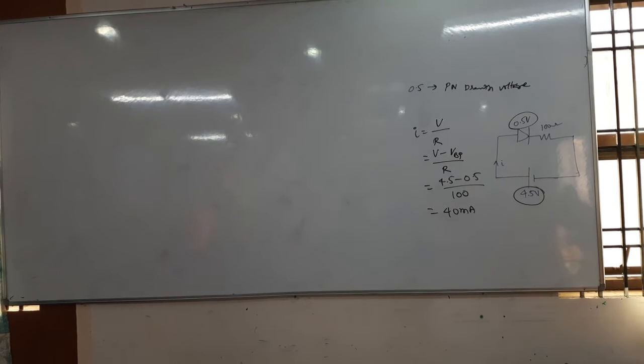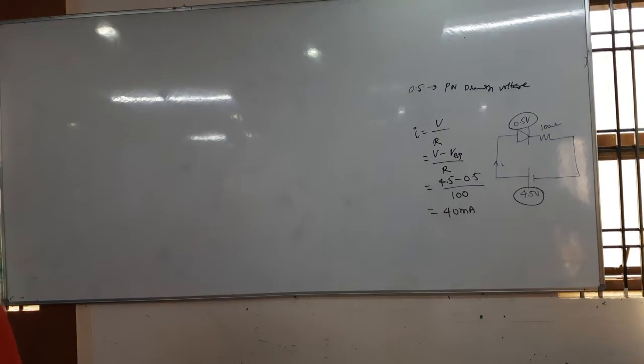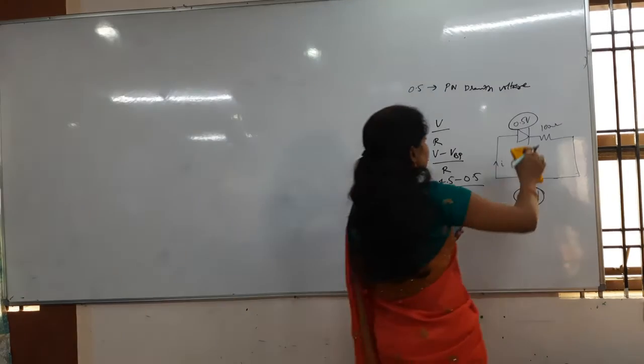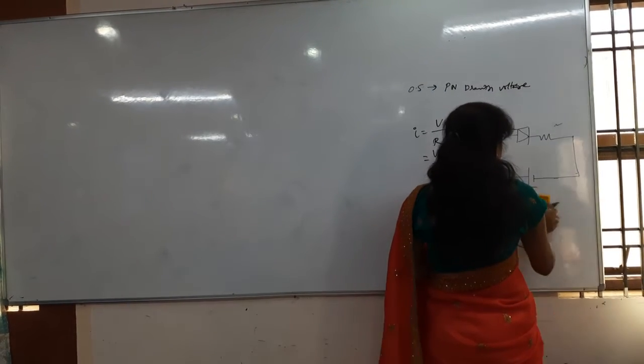Finished? Next problem. If the current in the given circuit is 0.1 ampere, then calculate the resistance of PN junction.